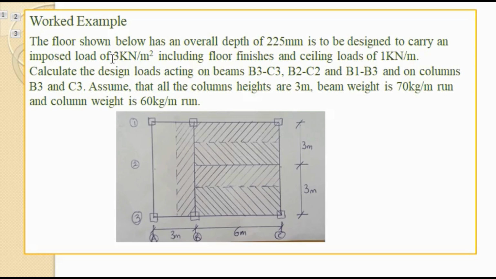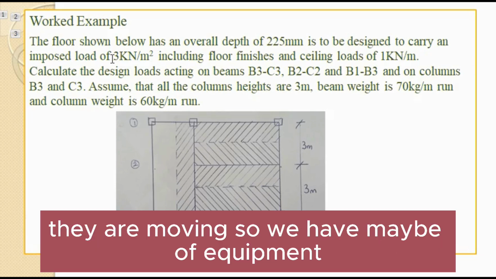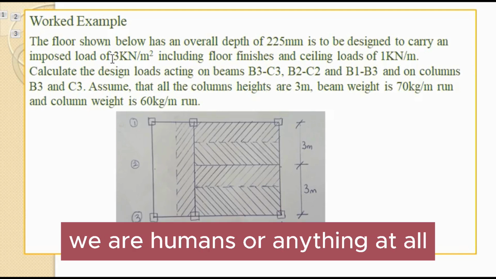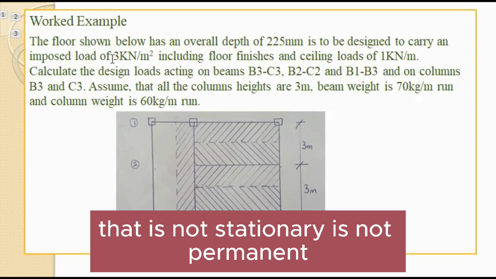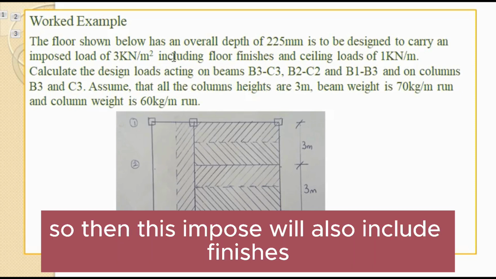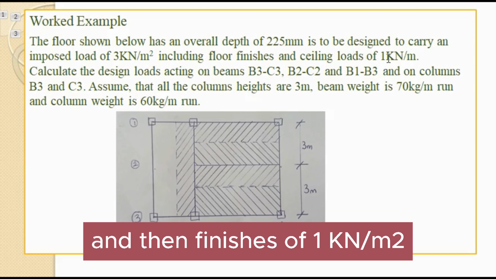So on the floor we have an imposed load. These are live loads. They are not stationary, they are movable. So we have maybe equipment, maybe humans, or anything at all that is not permanent. This imposed load also includes finishes and ceiling loads of 1 kilonewton per meter.